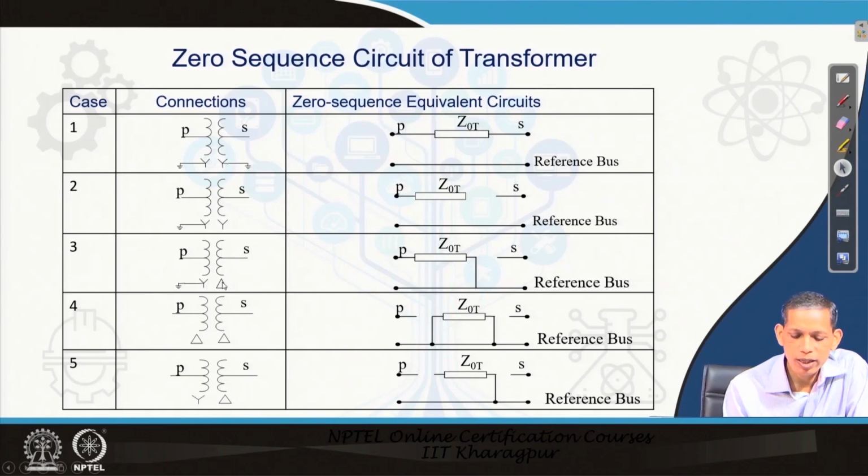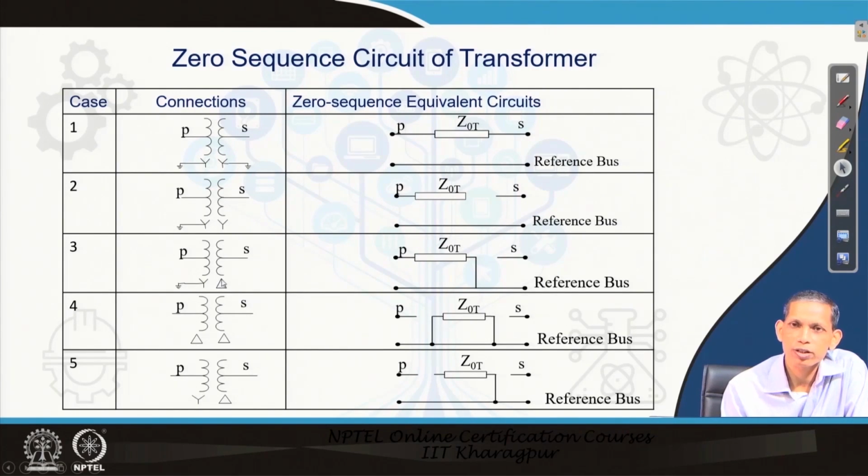When it happens to be delta connected on one of these sides, the sequence component flows in the transformer windings, and thereby there is no scope for zero sequence current to flow in the line side. Unlike the three phase components IA1, IB1, IC1, which become 0, here IA0, IB0, IC0 become co-phasors.